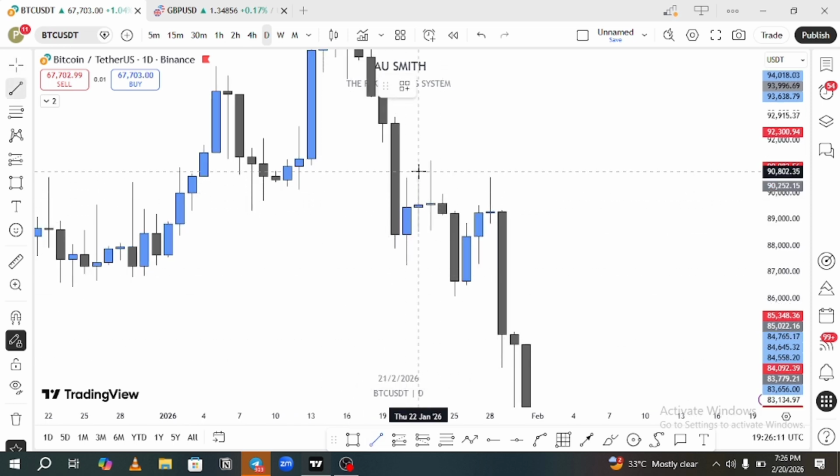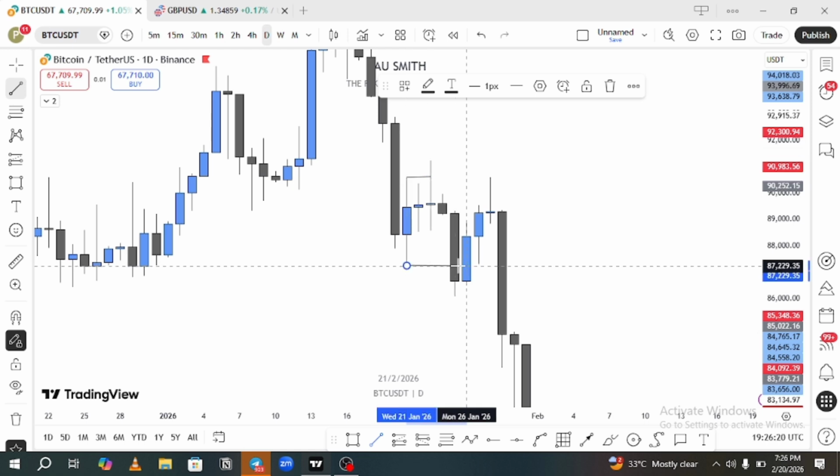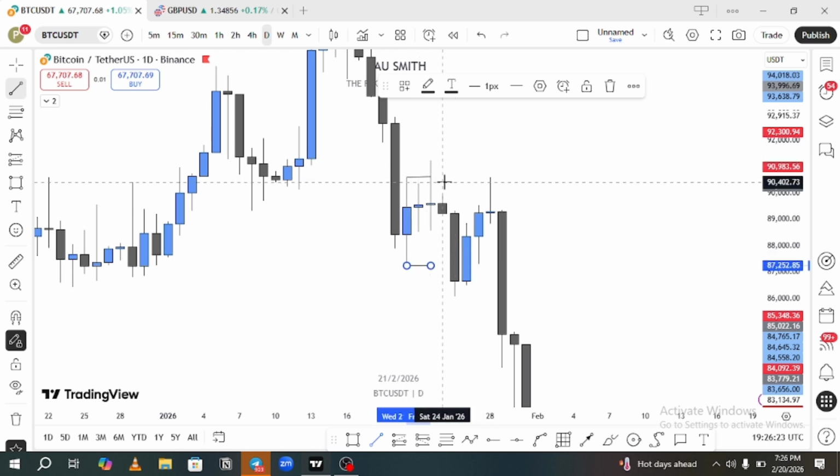We'll mark our high and our low. So this is our high, then this is our CRT low. Now we can see that there is an inside bar candle here. This is our first candle, the high and the low, and the second candle fails to take out the high, and the third candle comes to take out the high of that first candle.